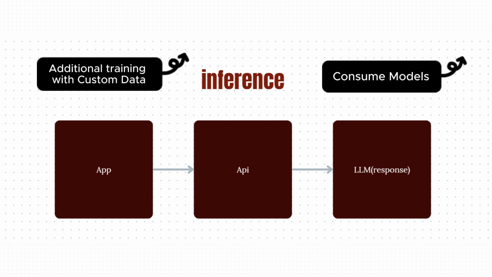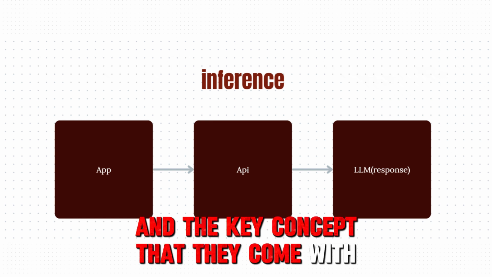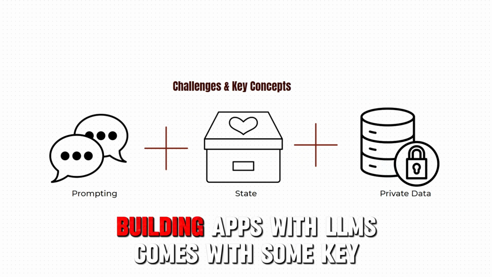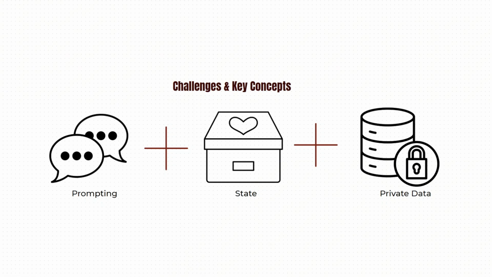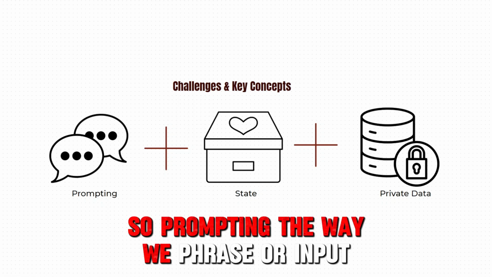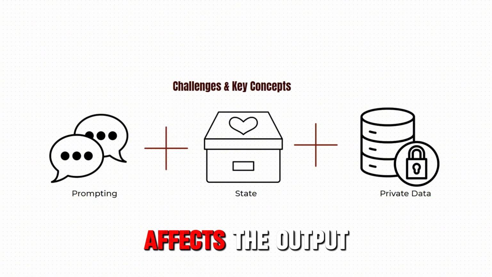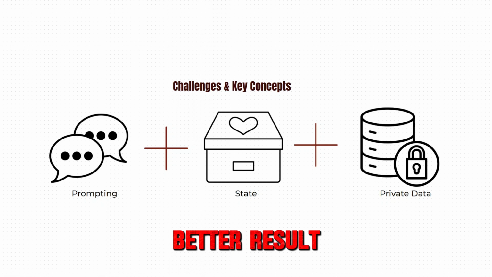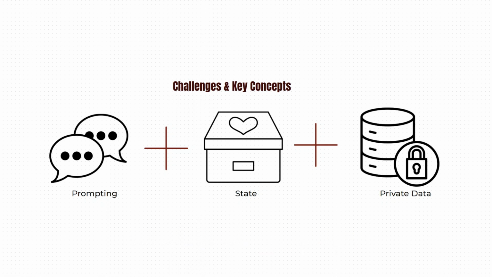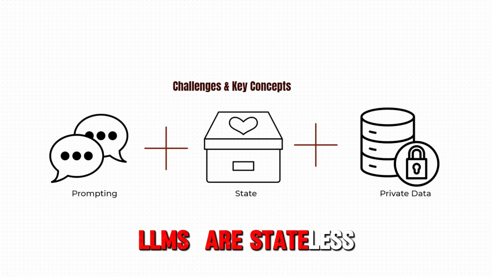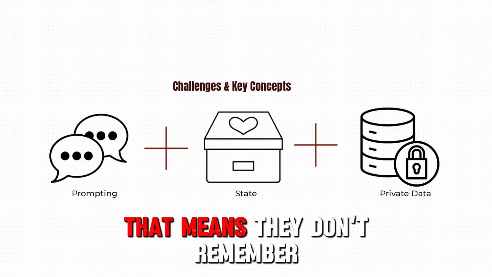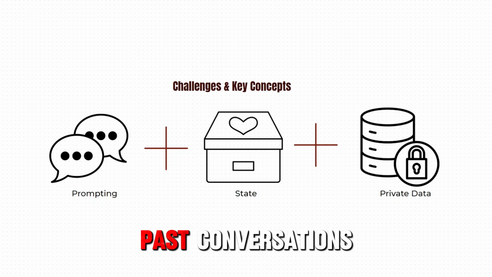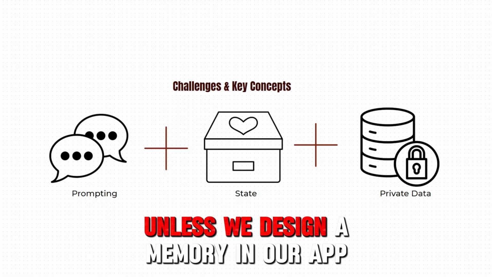Now, the challenges and key concepts that come with this: building apps with LLMs comes with some key challenges. First, prompting. The way we phrase our input affects the output, so a good prompt means a better result. Then we have memory. LLMs are stateless, which means they don't remember past conversations unless we design memory in our app.